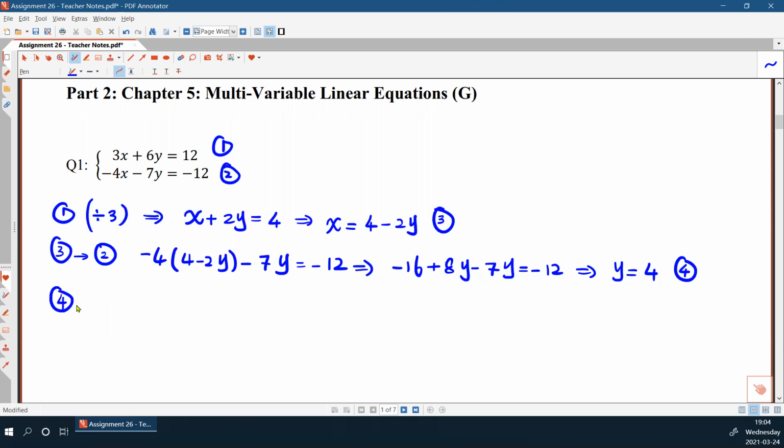Then we can put number 4 into 3 to get the x here. X is 4 minus twice of y, which is minus 4. So the final conclusion is x equals minus 4, y equals 4. Right? Any questions?